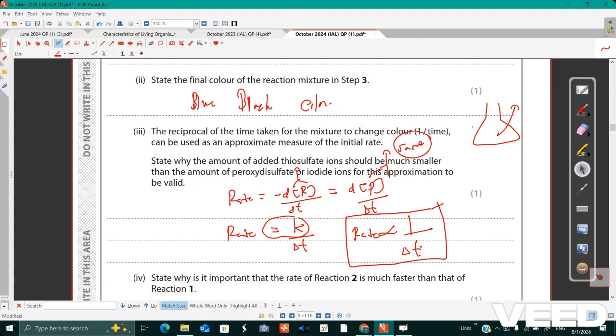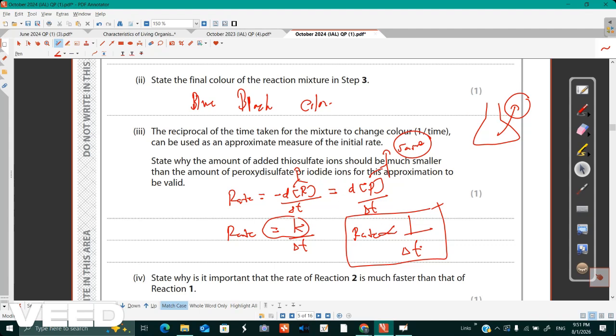This observation is reasonable. Why? Because of the setup. As per the setup, when the observation is made, the amount of reactants that has been reduced, or the amount of products that has been increased, is always constant.